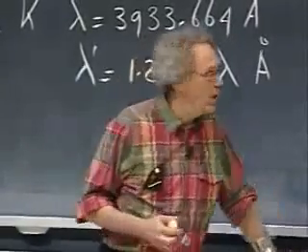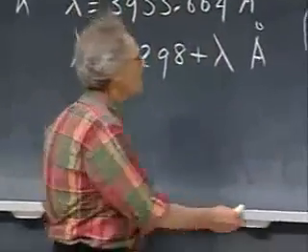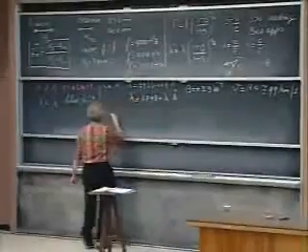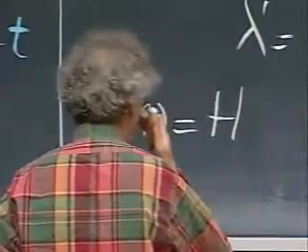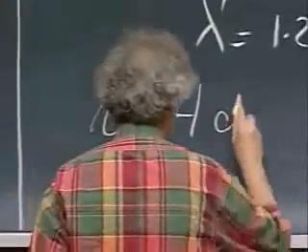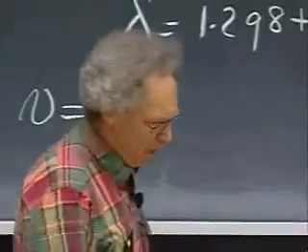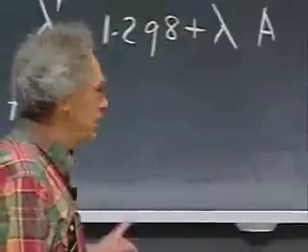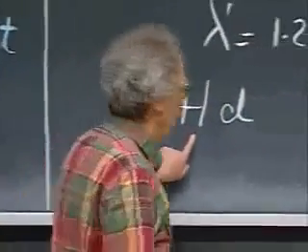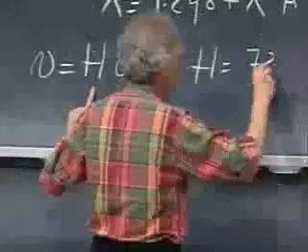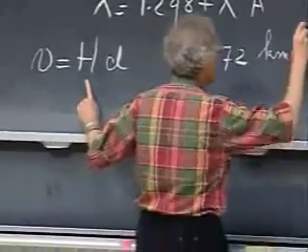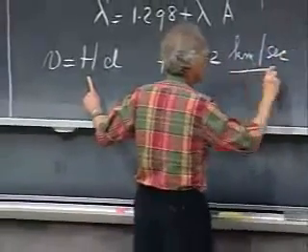And we know this as Hubble's law. And Hubble's law is that the velocity is a constant which is now named after Hubble, capital H, times d. And the modern value for H is 72 kilometers per second per megaparsec.